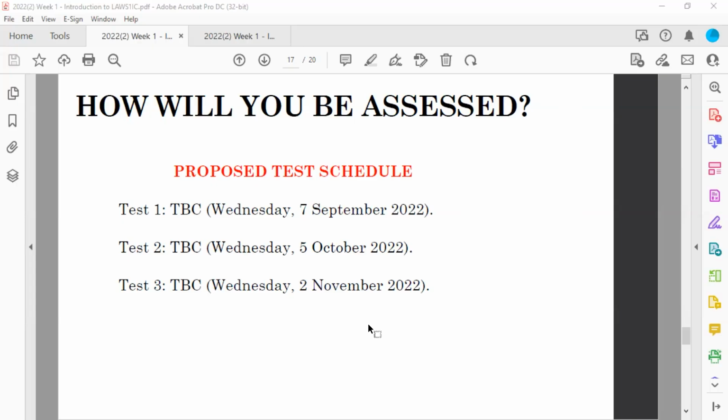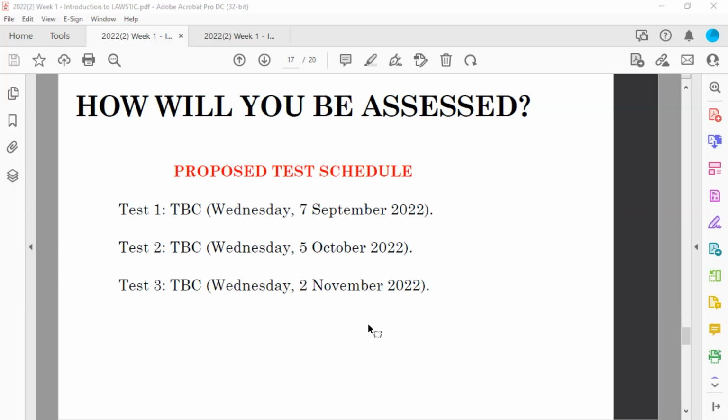Now, the second thing that I need from you is one of you, and hopefully more of you, but at least one of you should email me and indicate that you want to be the class rep for Intro to Commercial Law for your group, right? So please, whoever wants to nominate themselves to become a class rep, the idea of the class rep is that you act as the middleman.